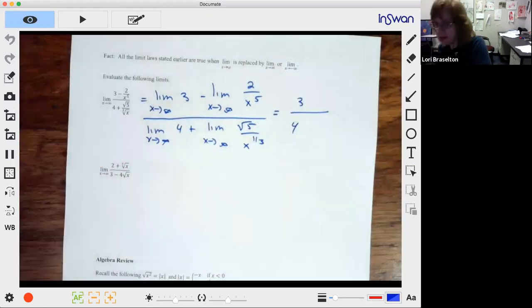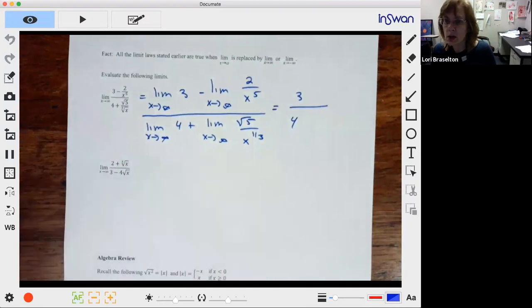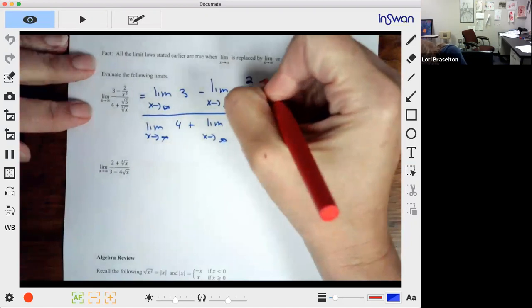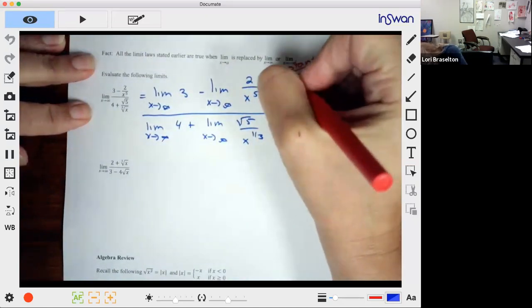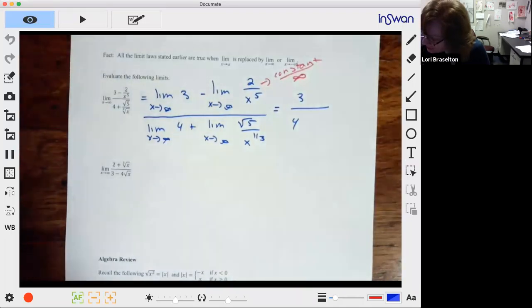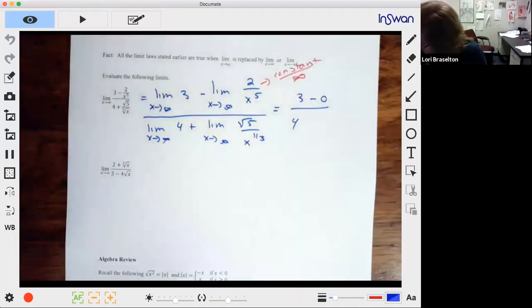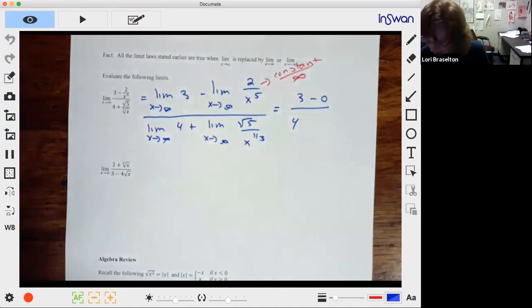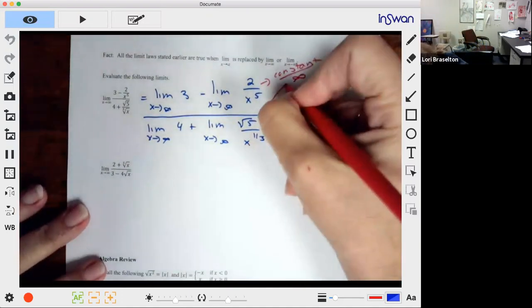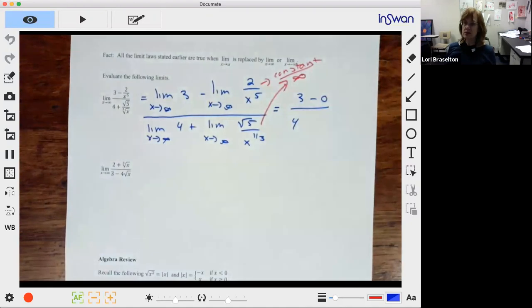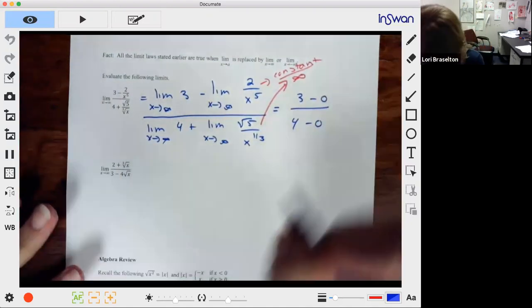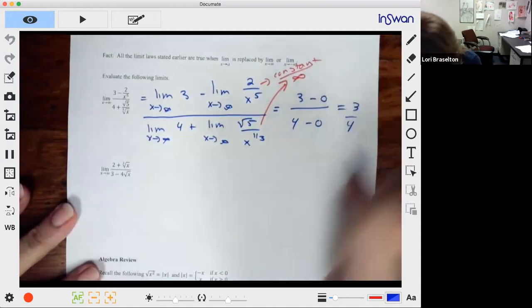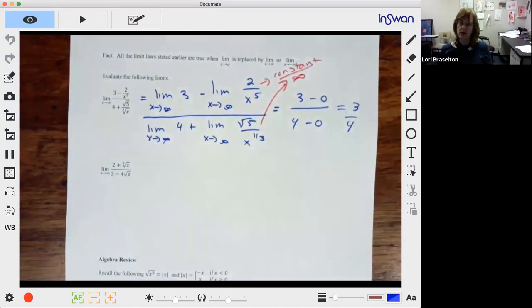So the 3 and the 4 stay, 3 and 4. But now our new fact: this is a constant over infinity, and so it is going to go to 0. And the same thing here, that is going to be a constant over infinity, and so it will go to 0. And so that answer is just 3/4.